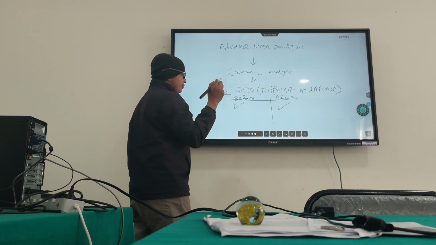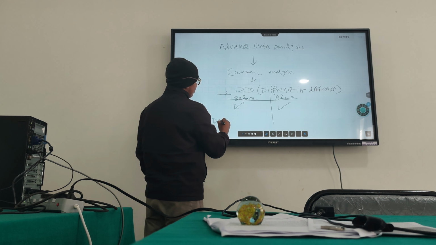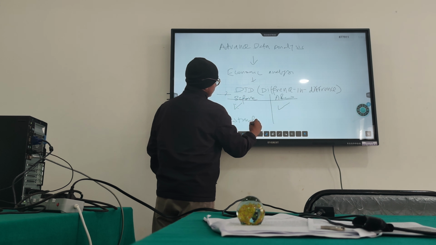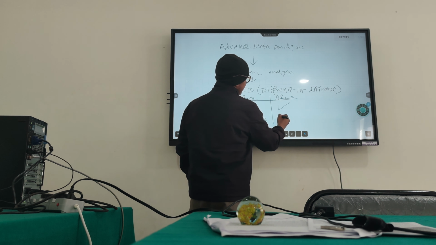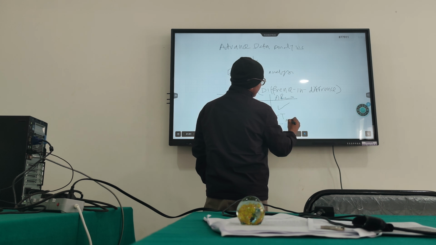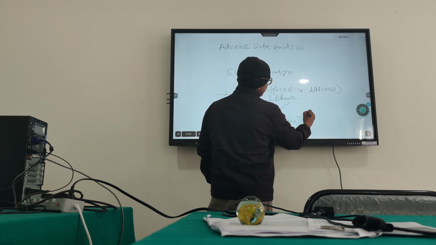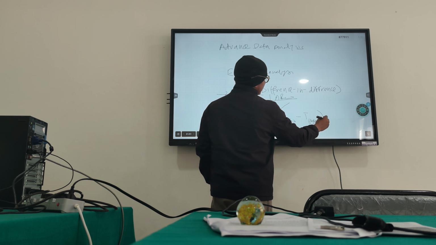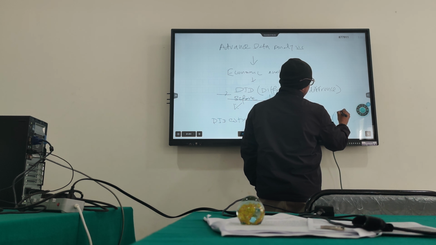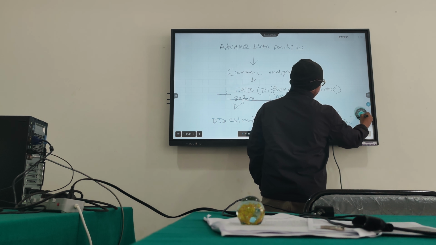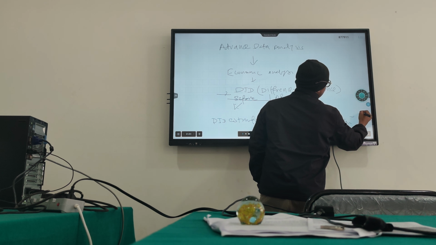If we need a DID estimator formula, we can write it as T after minus T before, then minus C after minus C before.